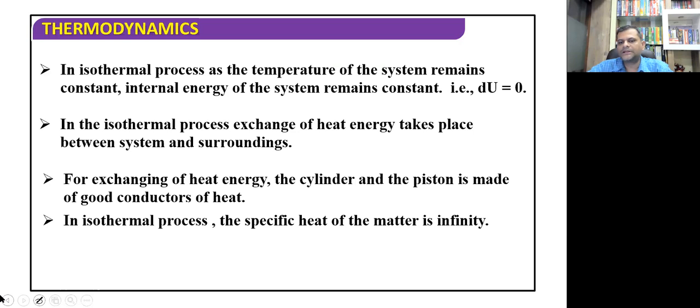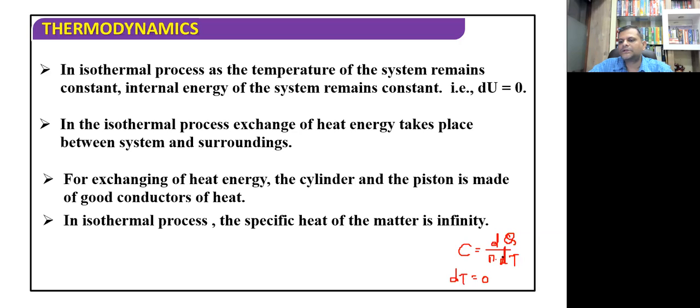ये भी important बात है, देखो यहाँ पे कि isothermal process के अंदर जो specific heat है गैस का infinity होता है. क्यों? क्योंकि specific heat का definition ही क्या है? How is the specific heat defined? The specific heat is defined as the amount of heat required to raise the temperature through 1 degree Celsius. So यहाँ पे n into dT आएगा कि नहीं? dT. But यहाँ पे dT तो 0 है.